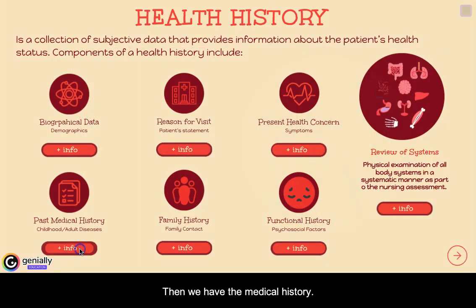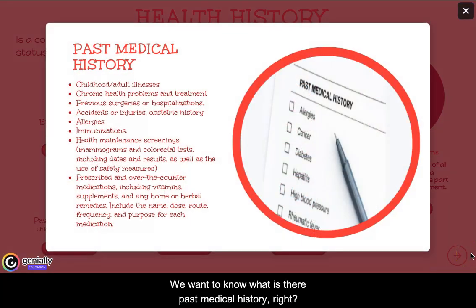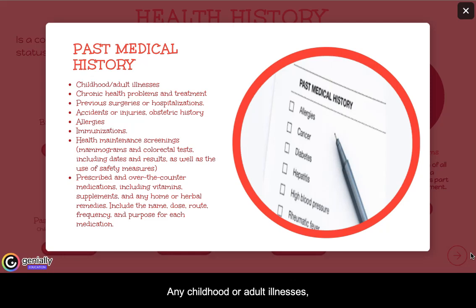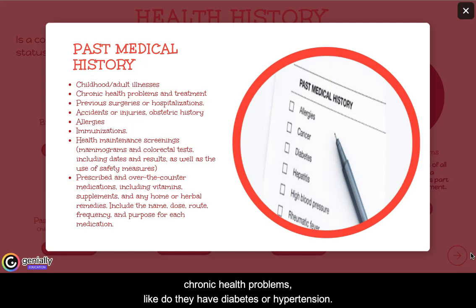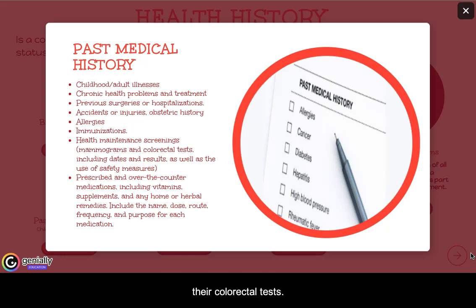Then we have the medical history. We want to know what their past medical history is, right? Any childhood or adult illnesses, chronic health problems, like do they have diabetes or hypertension? We want to know if they had any previous surgeries, accidents or injuries. We want to know if they're up to date with their immunizations and their screenings, for example, the mammograms and colorectal tests.